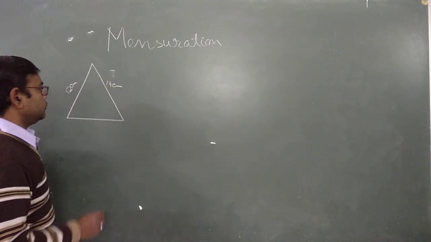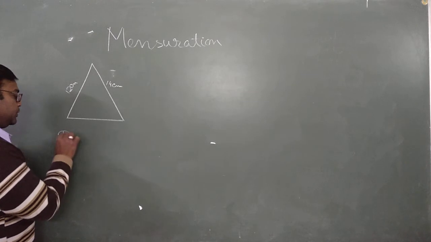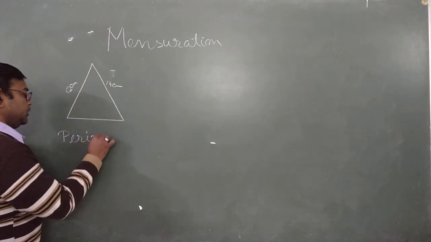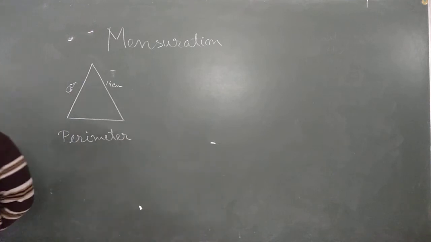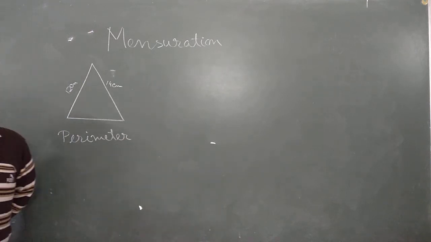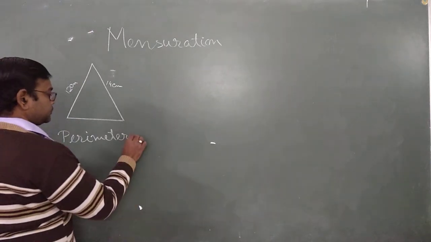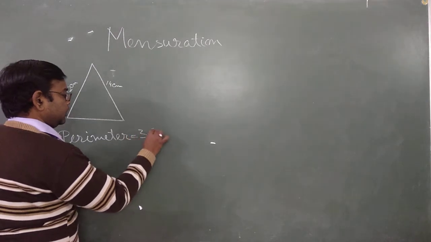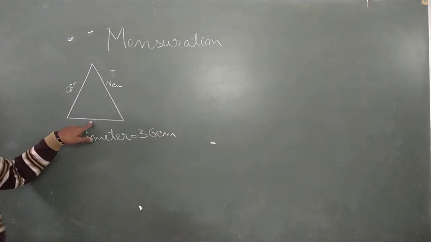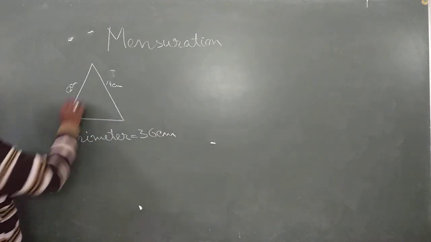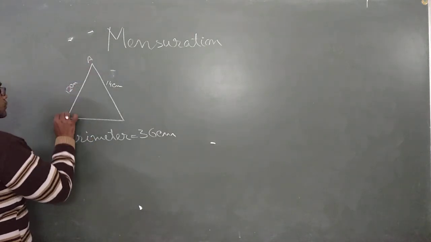And also along with this it is given that the perimeter of the triangle is 30 centimeter. The question says find out the third side, this side. So first give the name of the figure.